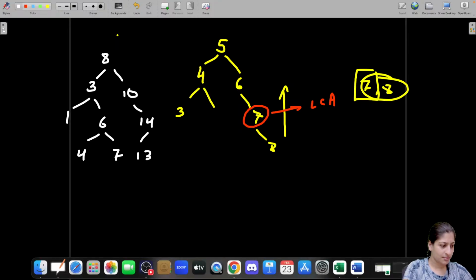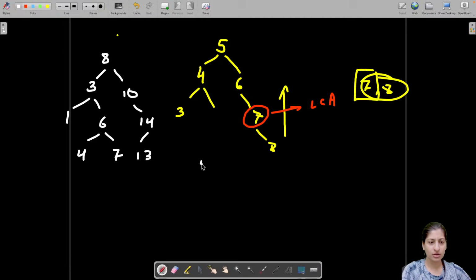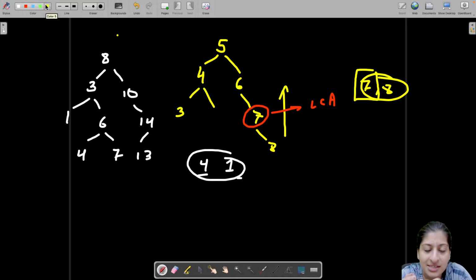Okay, so for example, this is your tree and you are given, tell me what will be the LCA of 4 and 1. Suppose n1 is 4, n2 is 1. So you will check what is the nearest parent such that 4 and 1 will be the descendants of both.